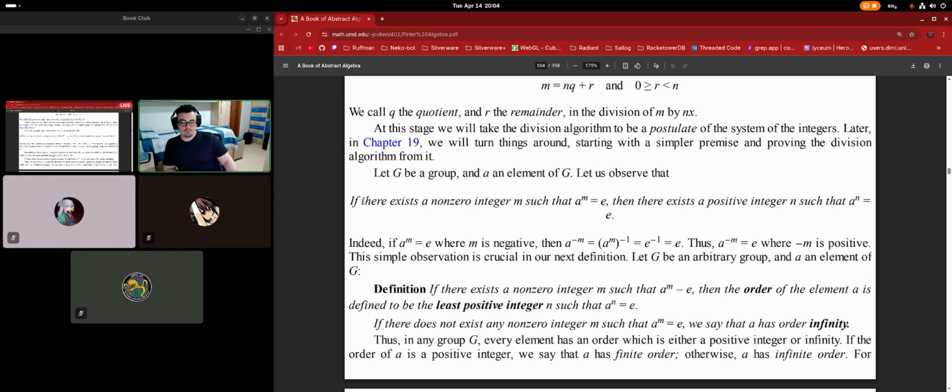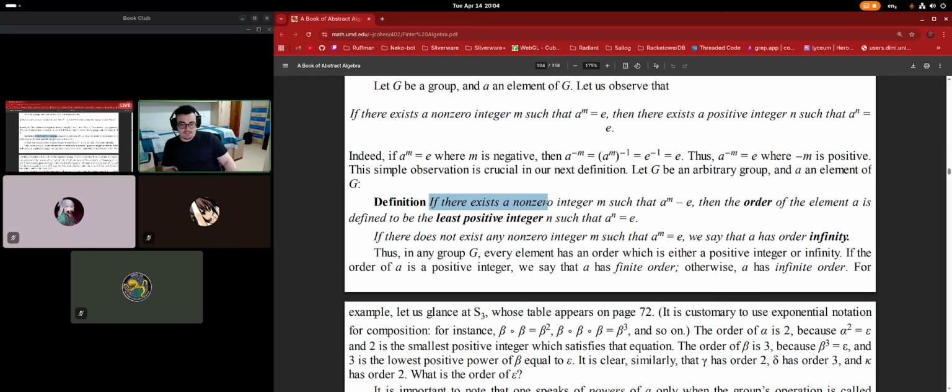The important part of this portion is that because you know there is a non-zero integer for which this is true, you can always say that there is a positive one for which this equality is also true, and the reason is that the inverse of the identity is identity.